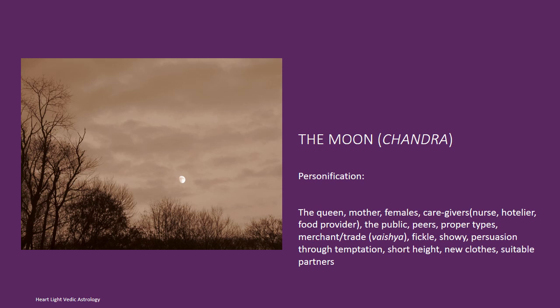Besides clothes being showy, they can also be new, because again, constantly changing. And when the moon is related to the partner or spouse planets or house, then it would indicate a suitable partner. So that's the personification of the moon.